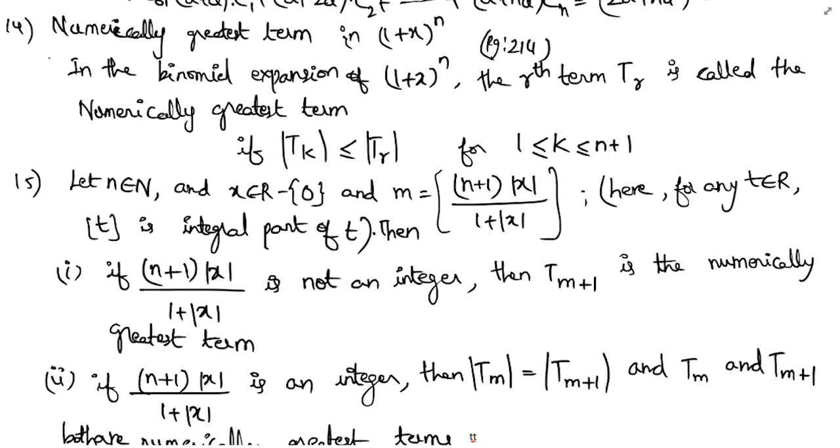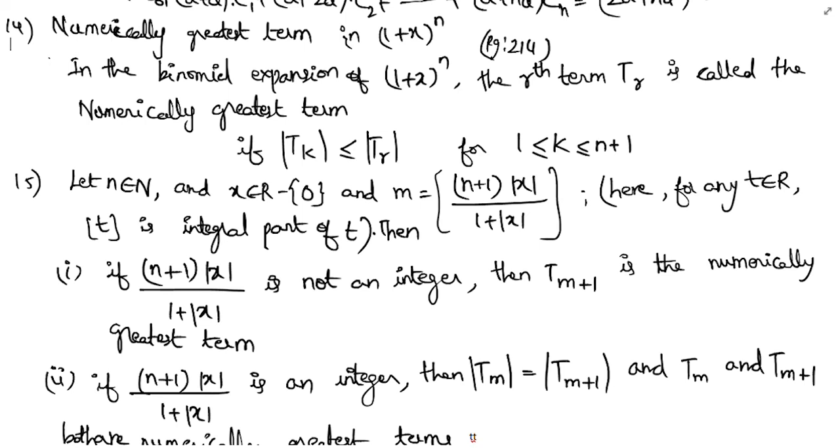Okay, now let n belong to natural numbers and x belong to R minus the set of 0, and m is equal to (n+1) into mod x divided by (1 plus mod x). Okay, here for any t belonging to R, [t] is the integral part of t.